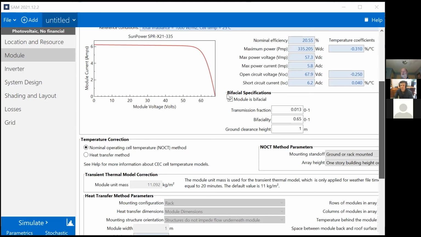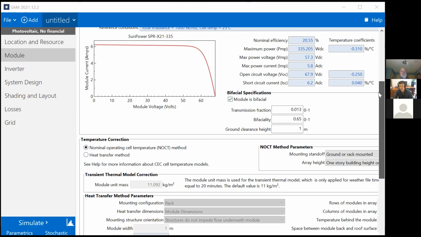And that solar farm has half conventional PV modules and half bifacial modules. And they did that deliberately, so they're going to do a comparison between the performance of the conventional PV modules and the newer bifacial modules.